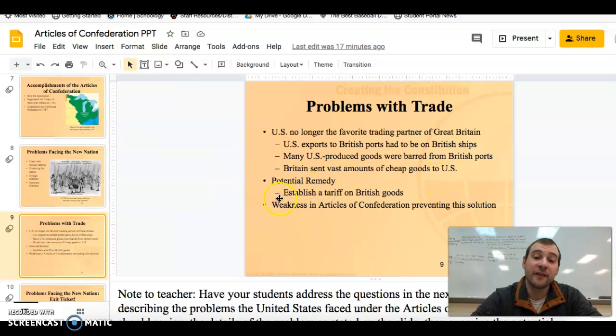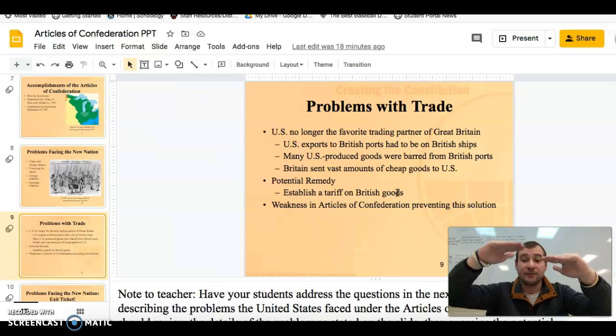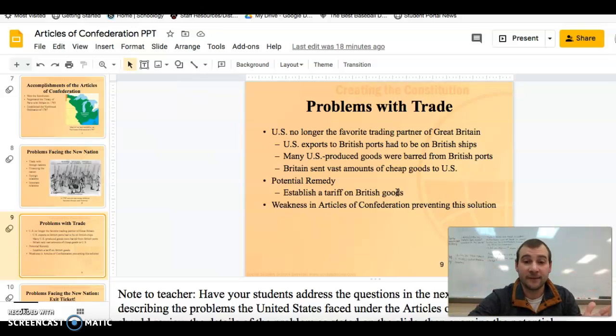A potential remedy for that would be to establish a tariff on British goods. Basically, you put a special tax on British goods, so if America's prices are here and the British prices are here, we could put a tariff to raise the prices. A lot of times you make it more expensive so then people will buy the American-made good. But we could not do that in this case because the national government didn't have the power to create tariffs.